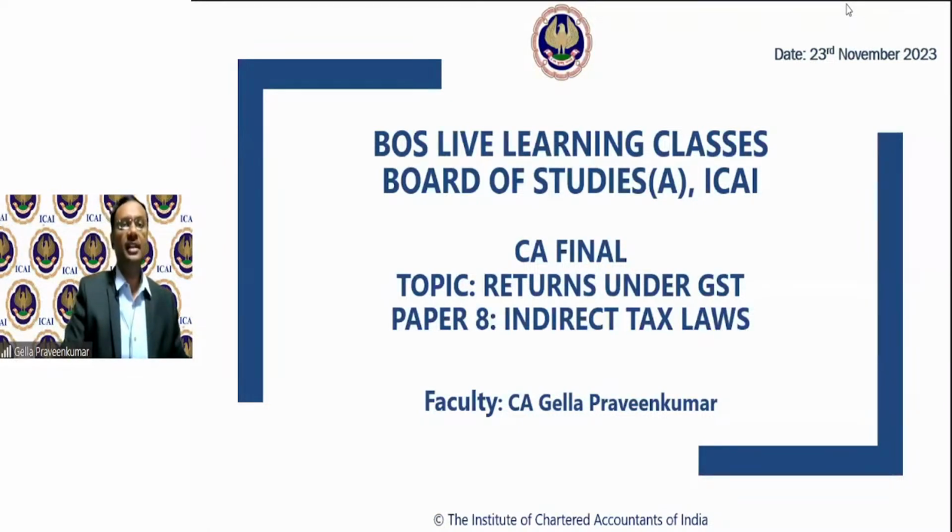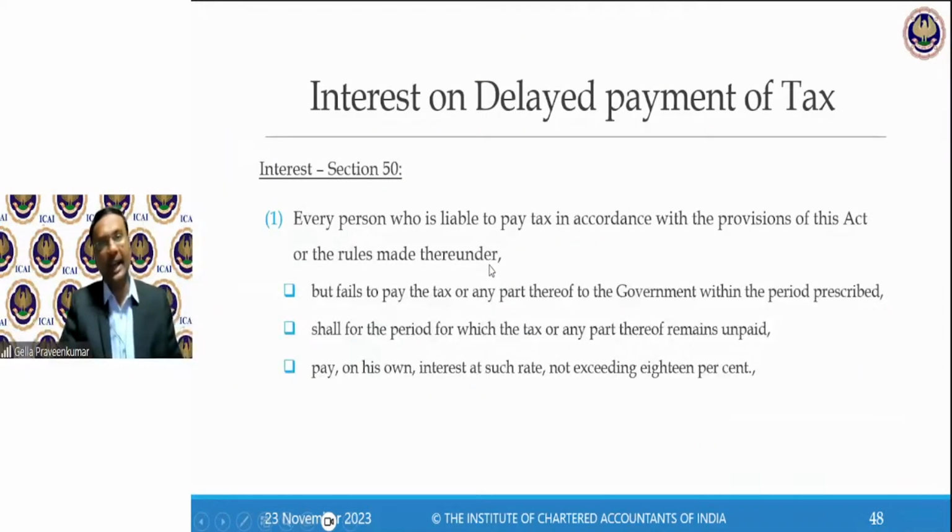Thanks for the confirmation. So, students, we have discussed in our previous session on this topic called payment of taxes, where I explained the provisions of section 50, which deals with interest computation. I'll quickly start with a recap of section 50, how we will calculate interest. Section 50(1), 50(3).